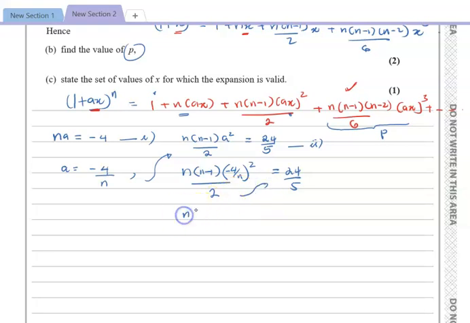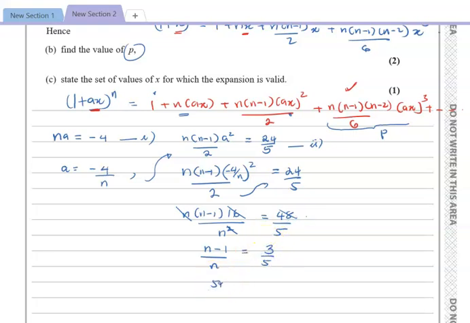So then I have n into n minus 1 into 16 over n squared equals 48 over 5. Now you can see that one n can cancel out with the n here, and then you have n minus 1 over n times 16 equals 48 over 5. I'm going to divide by 16 on both sides. This is going to be 3 over 5.